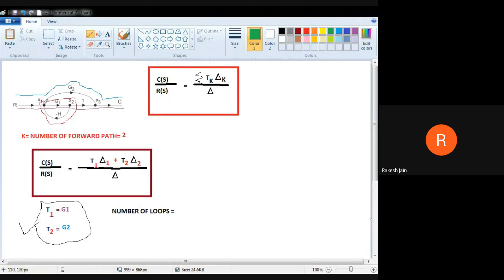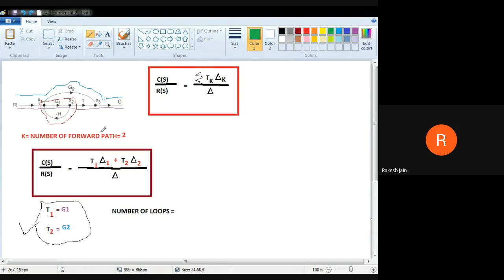Now with this green color, one loop is completed. Now I am talking about the second loop. I start from x1 and on the basis of the direction of the g2 gain, I reach x3 directly, but I cannot close it because the direction of 1 is opposite to my direction, so this is not a loop.